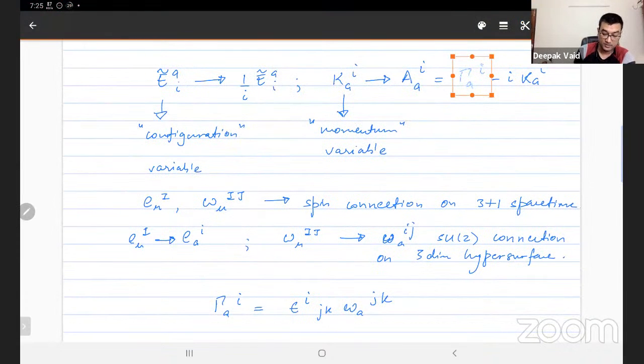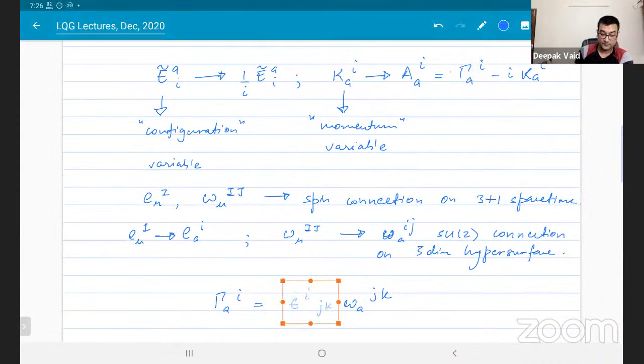So this gamma is related to this omega by multiplication by this one factor. You can do this because you are in 3 dimensions.